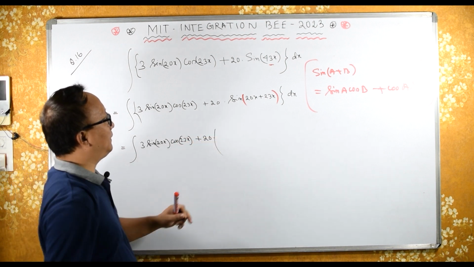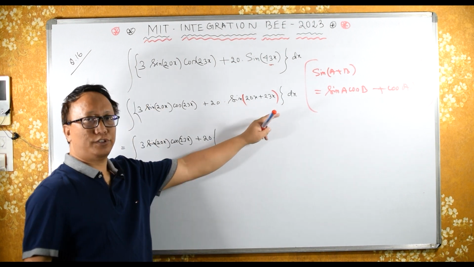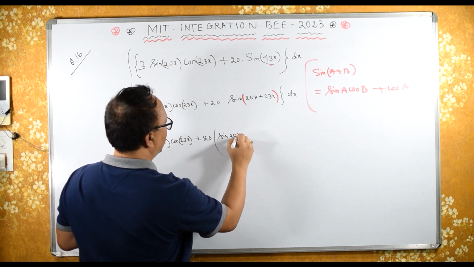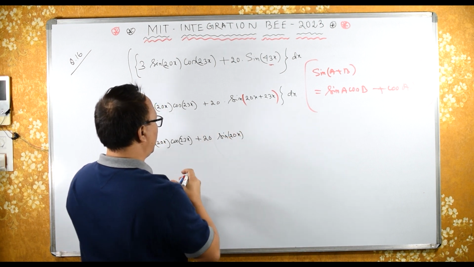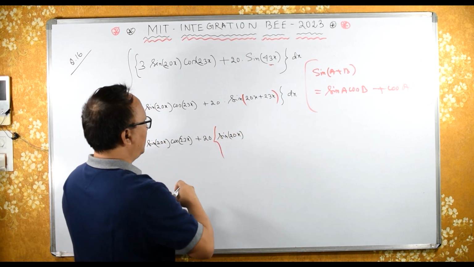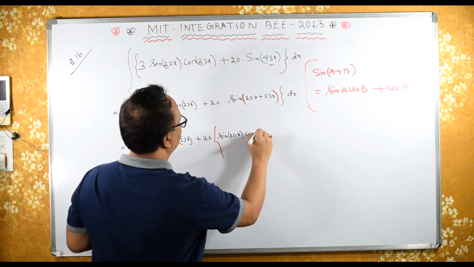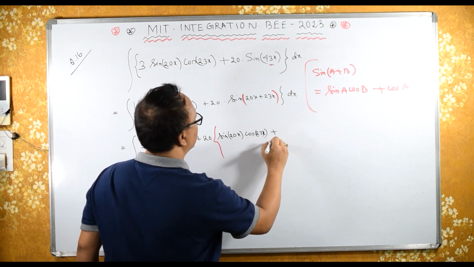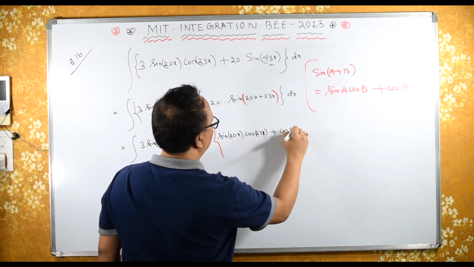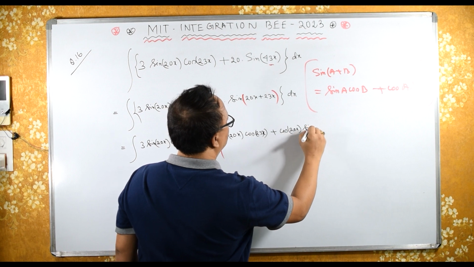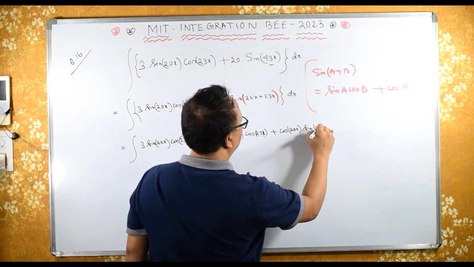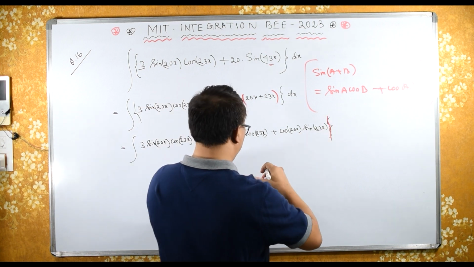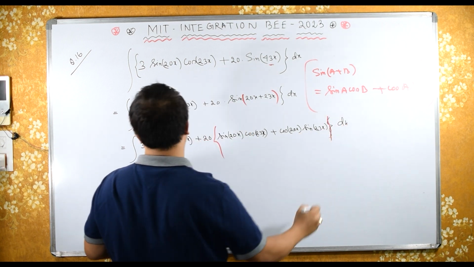I'll use the first bracket: sin A cos B, sin of 20x into cos of 23x, plus cos of 20x sin of 23x. Here, this is the second bracket, and the whole dx we have.